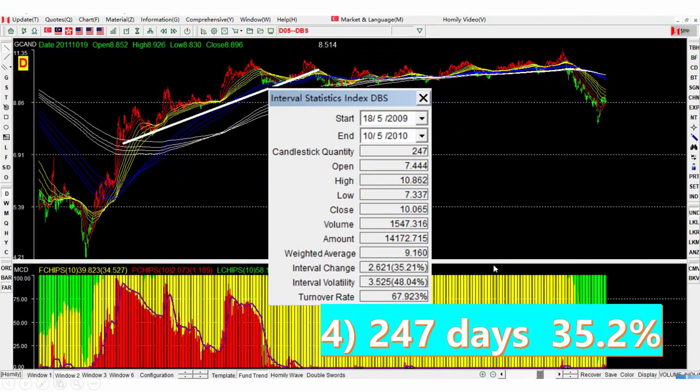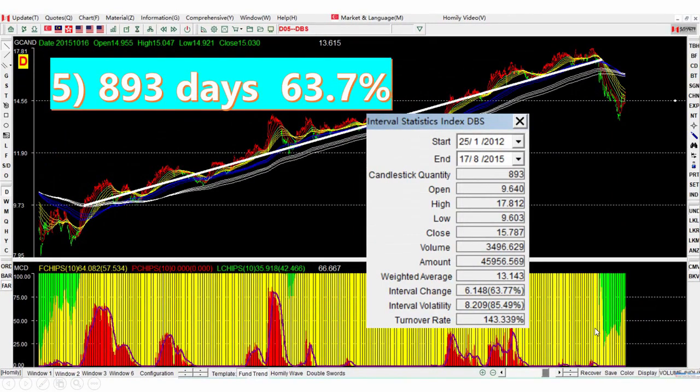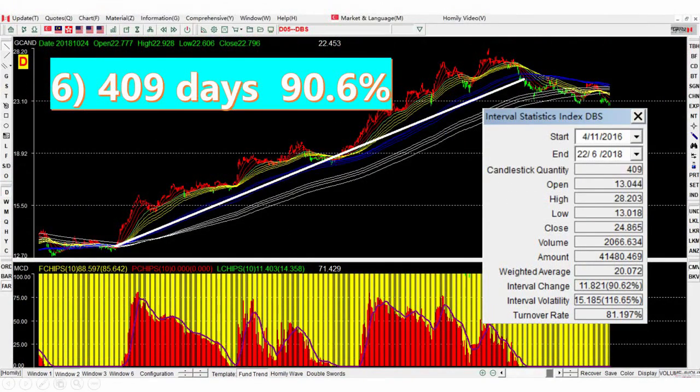Fourth time is 247 days, profit is 35%. Fifth time is 893 days, and the profit is 63%. Sixth time, the period between our buy point and sell point is 409 days, and our profit is 90%.